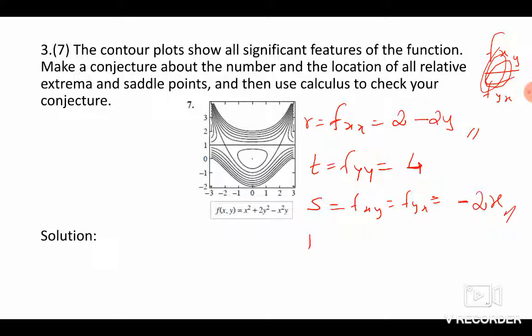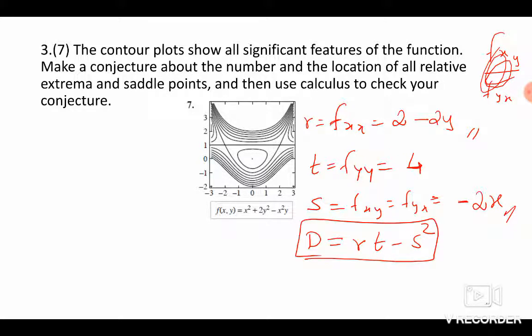Now we know that discriminant D is rt minus s square. This is going to be calculated for every critical point. We have 3 critical points: 0, 0, positive 2, 1, and negative 2, 1. These are the 3.